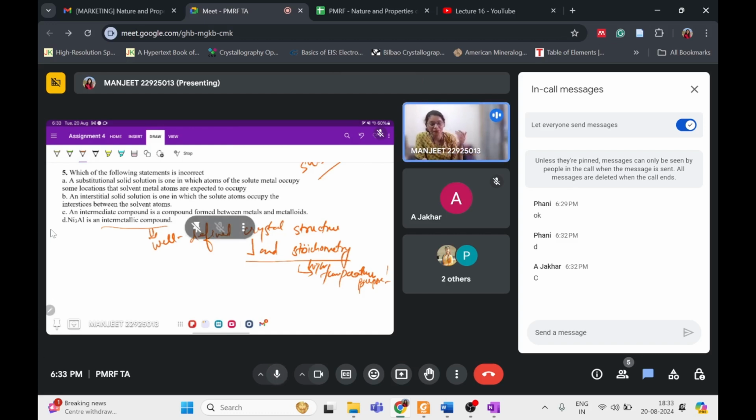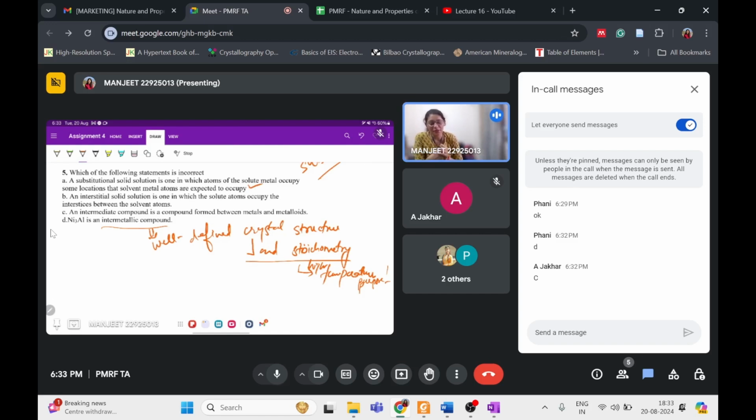Yes, it is true, because it occupies the position of the already present solvent atom. So A is the correct one.